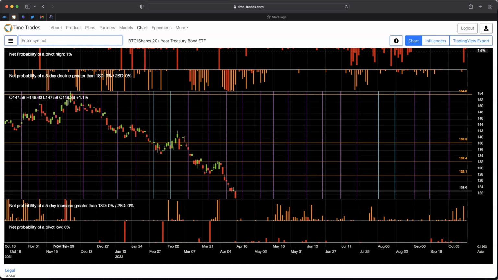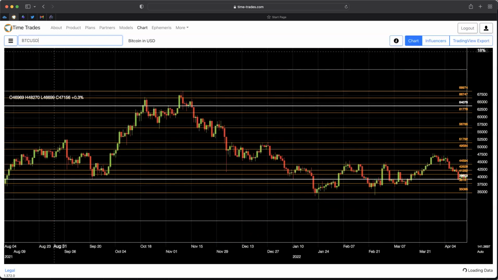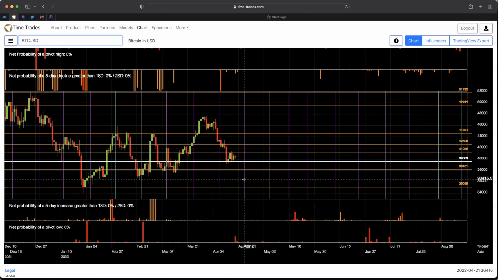Let's take a quick look at crypto here. Now, Bitcoin is not giving us much of anything at the moment. So this is a good time to focus in on the price behavior and not the time forecast. You know, in a perfect world, we'd have super crystal clear time forecasts, and we just don't have that right now. So one of the things that price is telling us is that it's sitting right on top of this key magic level at 39,603.